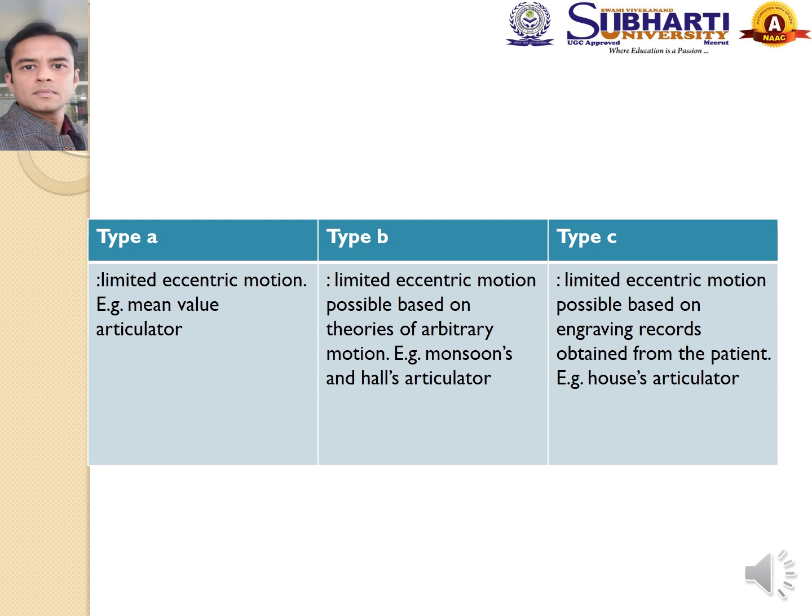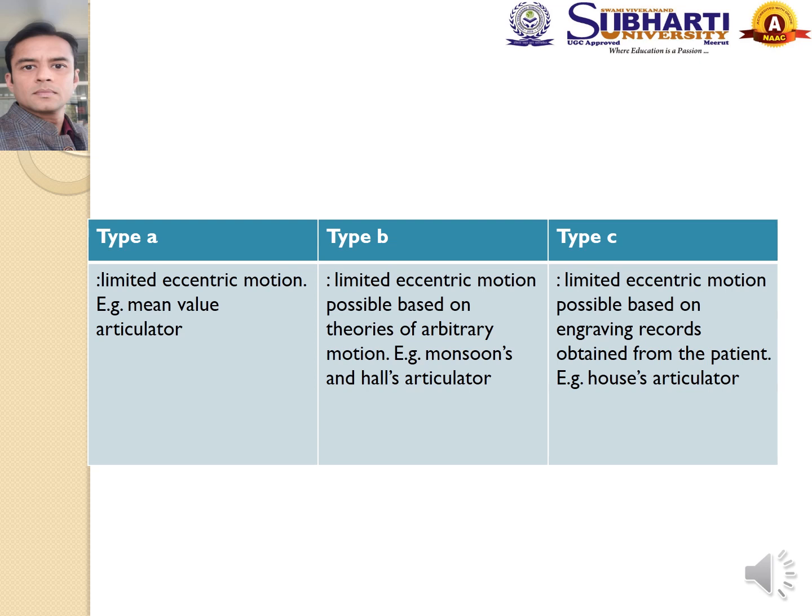Examples are Monson or Hall's articulator, that is, Monson or Hall we have previously seen, the spherical theory and the conical theory. Now type 2C, limited eccentric motion, possibly based on engraving records oriented by the patient, examples are House classification or House articulator. In all 3 types we have seen, we have only limited eccentric motion.